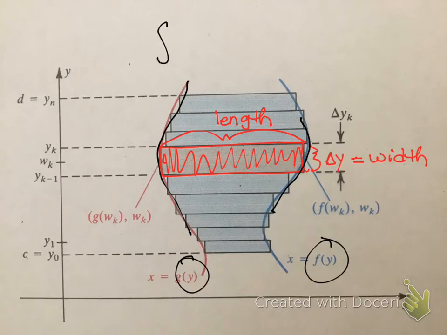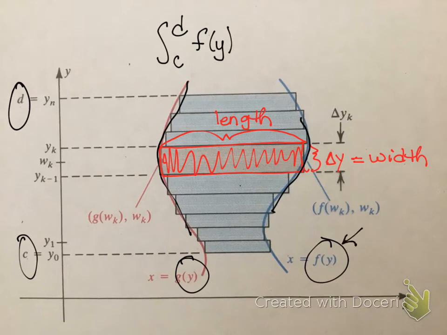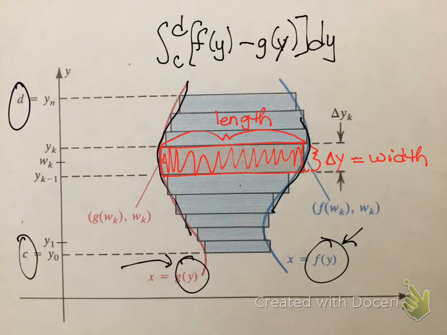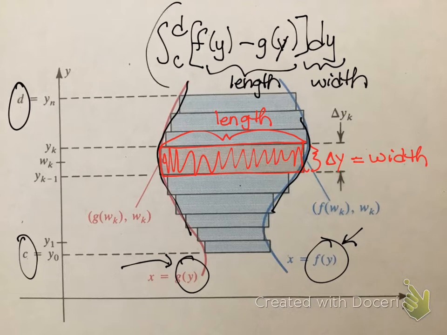So my integral would be from C to D, right minus left dy, length times width, summing up an infinite number of them, those horizontal representative rectangles, as they are getting skinnier and skinnier and skinnier.